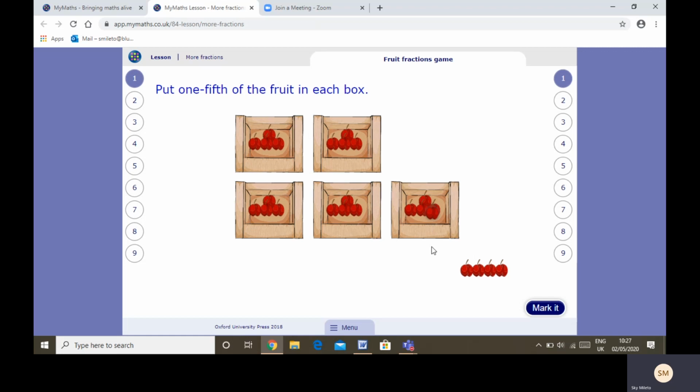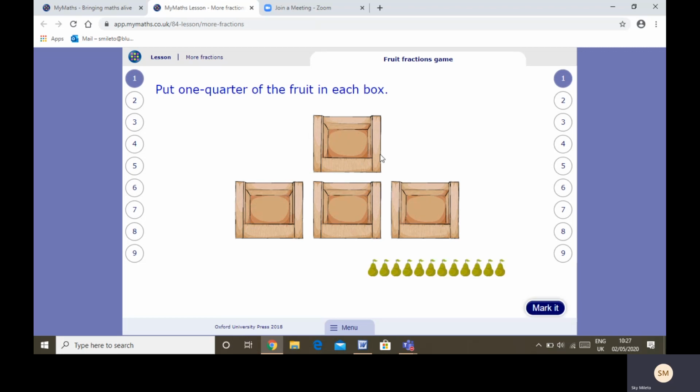And therefore finally 5 in each box. Now if I know there's 5 in each box and there's 5 boxes, I'm very cleverly going to work out that I must have had 25 apples, because I know that 5 times 5 is 25. 5 apples in each box. It says, well done, let's try another.